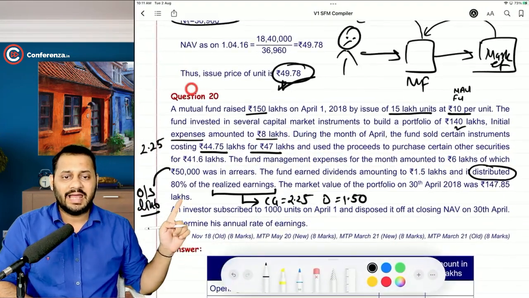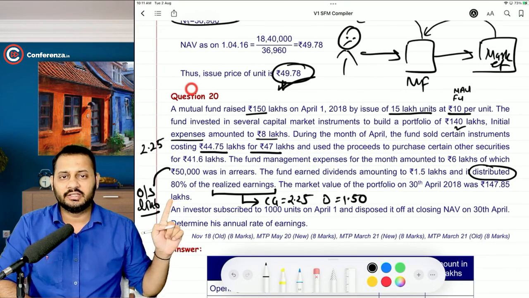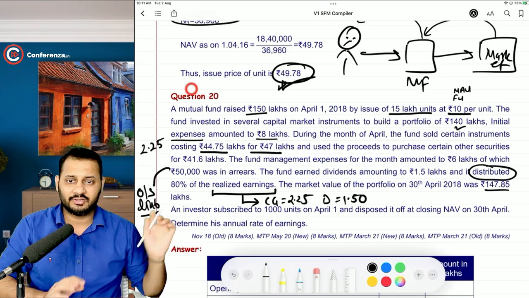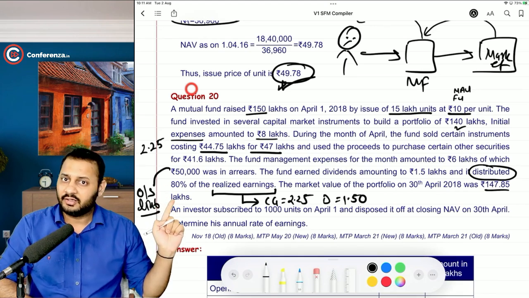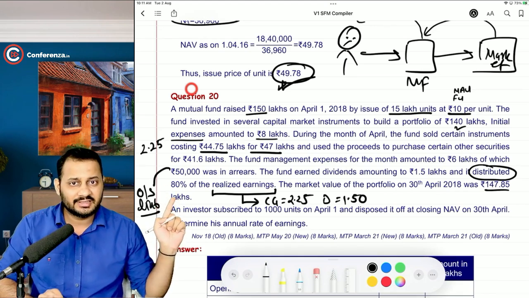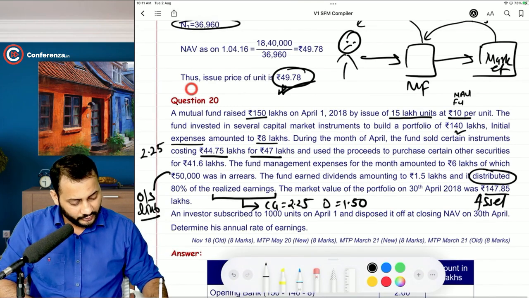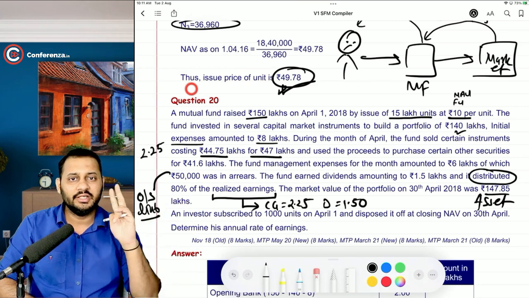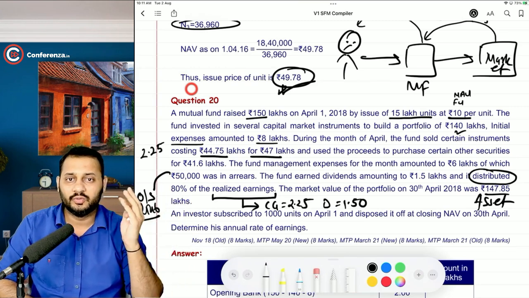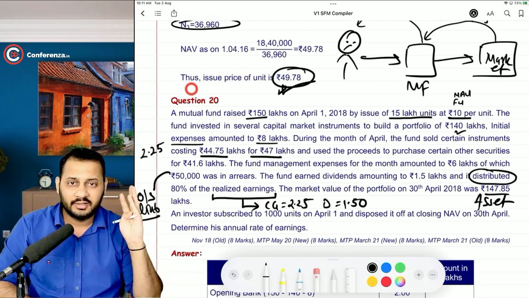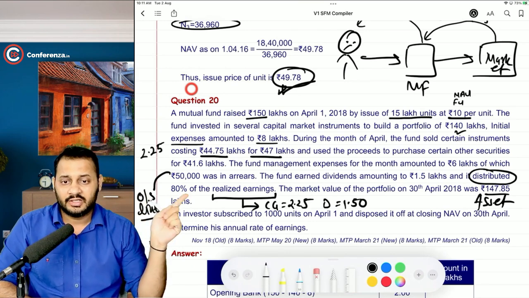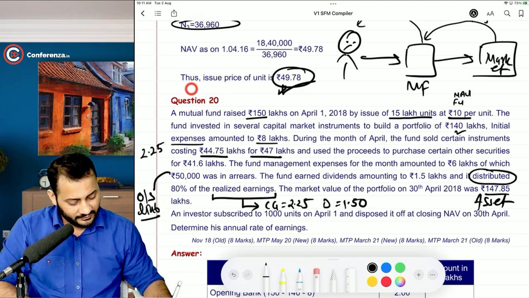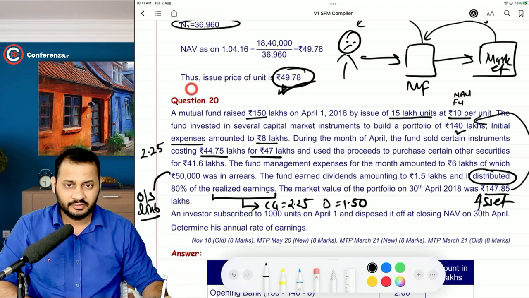The market value of the portfolio on 30th April 2018 was 147.85 lakhs. This does not attract a cash treatment, right? This is just an asset. Do you understand this? In the entire statement, there are only three items related to assets and liabilities. The asset is this portfolio, and this 147 includes this 140.